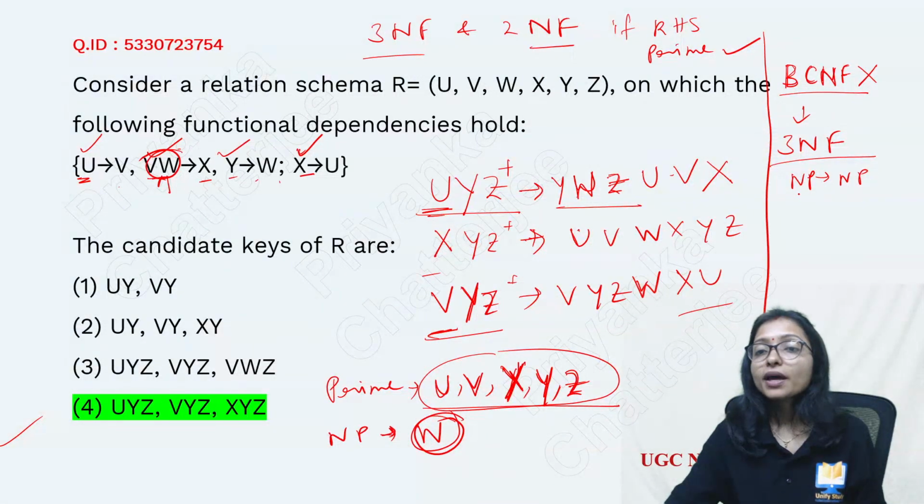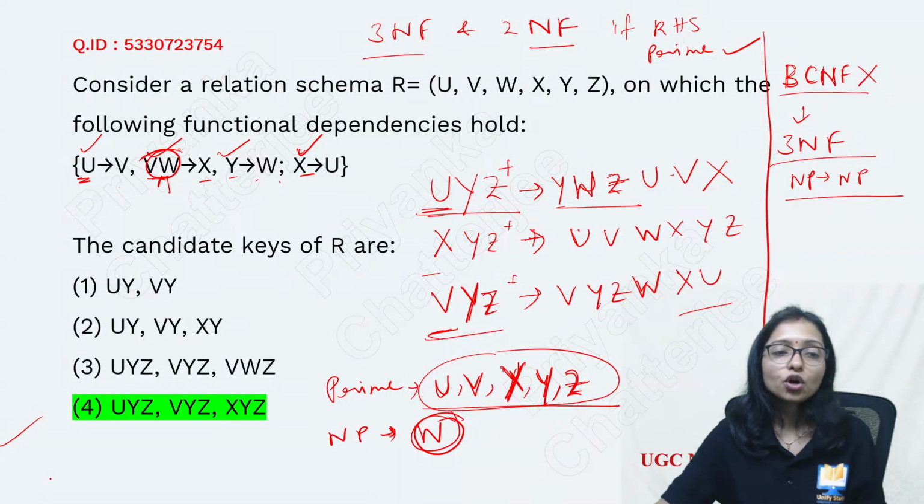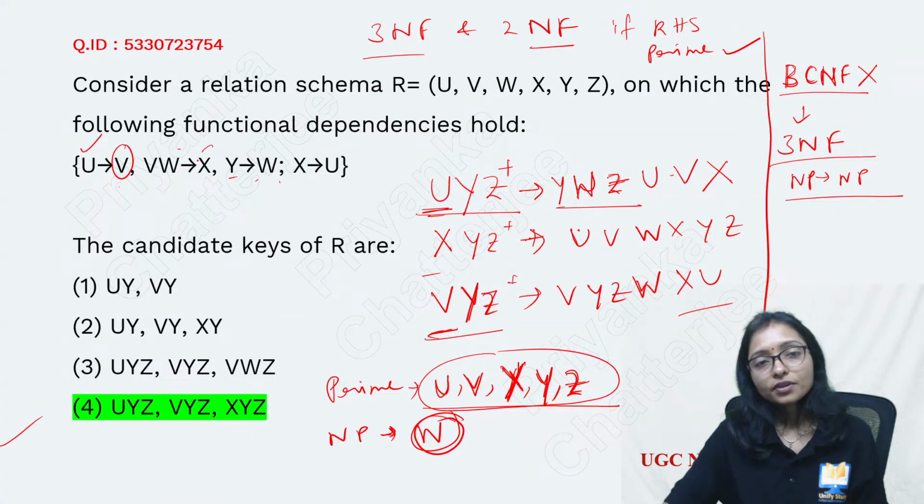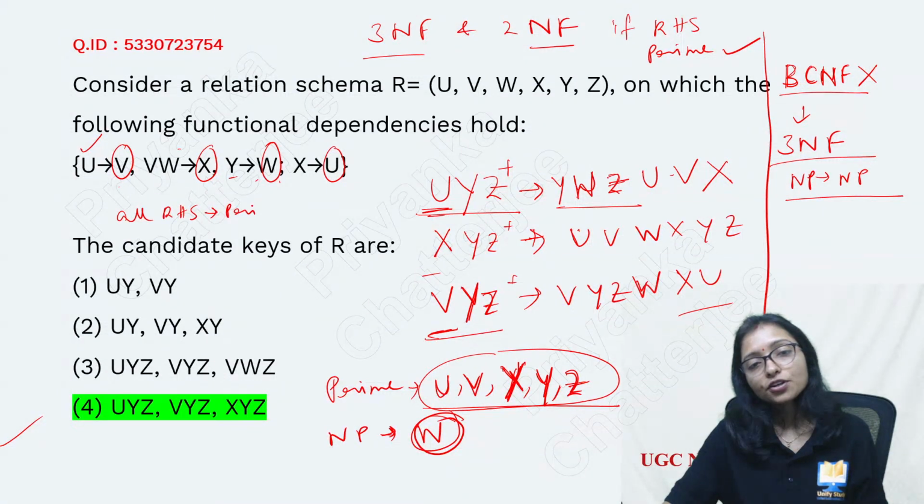So non-prime to non-prime, I am not getting any, because on the right hand side, now you check, is this prime or not? This is prime. This is also prime. Ultimately, all right hand sides are prime attributes or not?